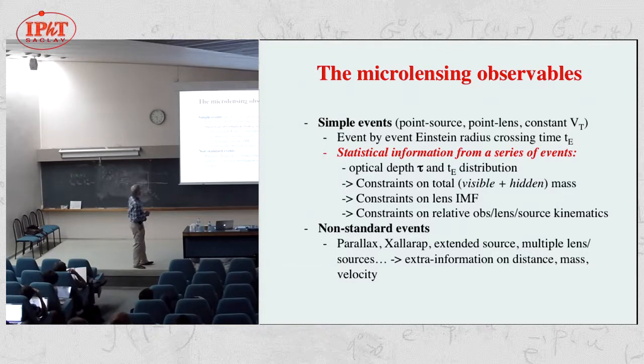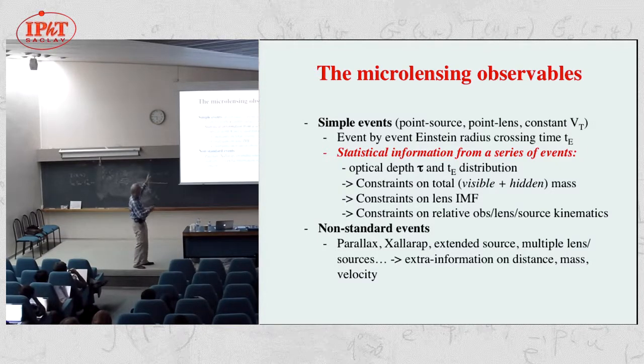If you are lucky enough to be sensitive to what I call non-standard events, which are affected by, for example, parallax, it means that the transverse velocity of your deflector with respect to the line of sight is no longer constant, because you have to take into account the rotation of the Earth around the Sun.